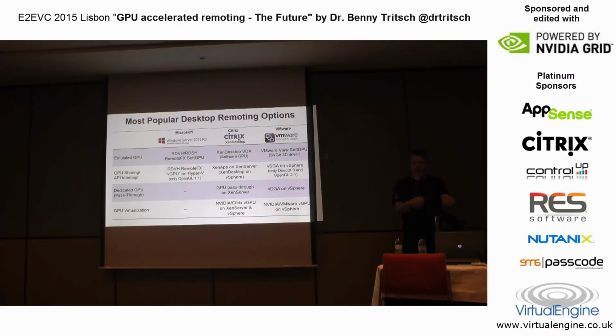If you compare what's available out there, you see that Citrix and VMware support the full stack. All the different technologies are included there, not on the Microsoft side. Microsoft only has this API intercept as of today. In the future, starting on Azure with the N series of VMs, they will have the dedicated GPUs or pass-through.